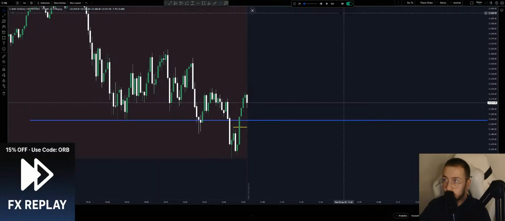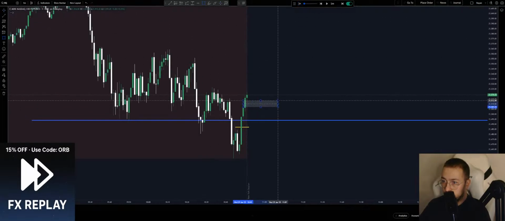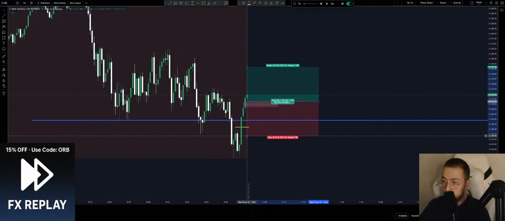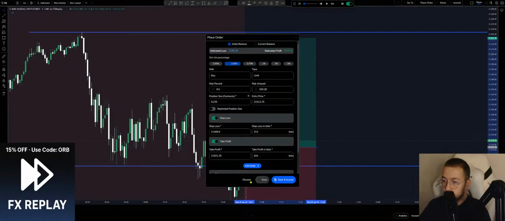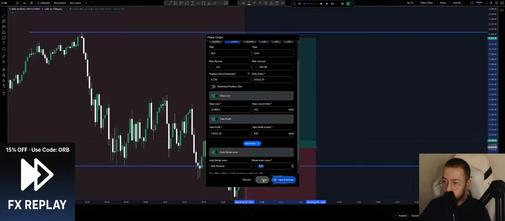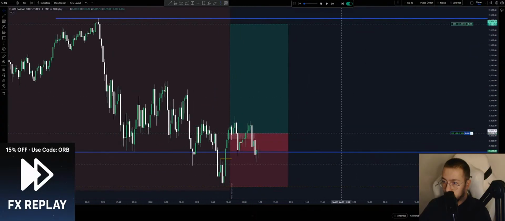Alright, that's your entry. That's a fair value gap. Limit order here. Stop loss at the low. To risk to reward. At 1R, go to break even.